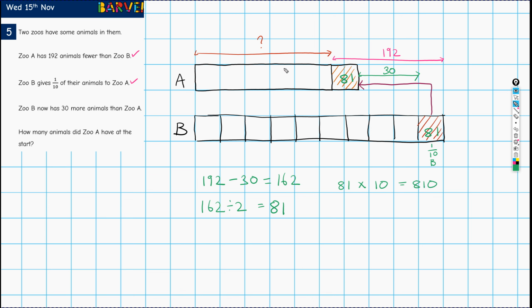And then to calculate A, I need to subtract the 192. So 810 minus 192 gives us 618. And that is our final answer. There were 618 animals in Zoo A at the start.